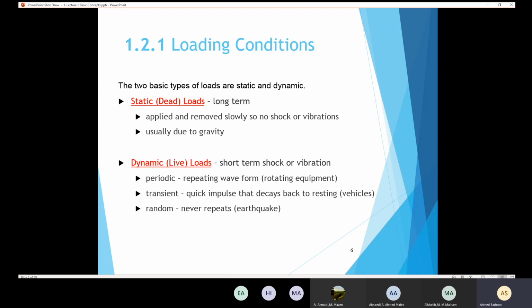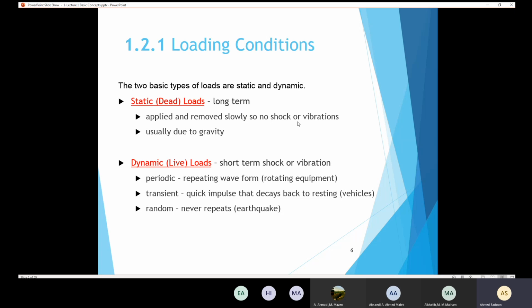And also, it's very important to understand the loading conditions. We have two basic types of loading. We have the static or dead loads, and we have the dynamic or live loads. The static load is going to be applied for a long term, and in order to consider a load as static, it should be applied and removed slowly.